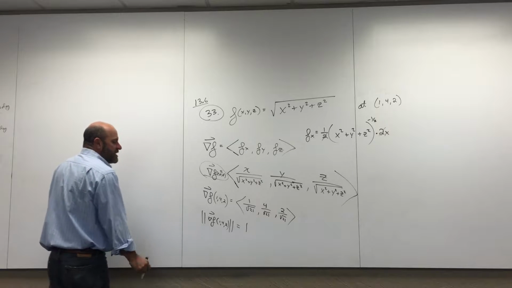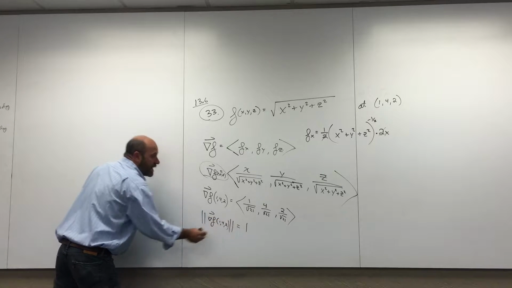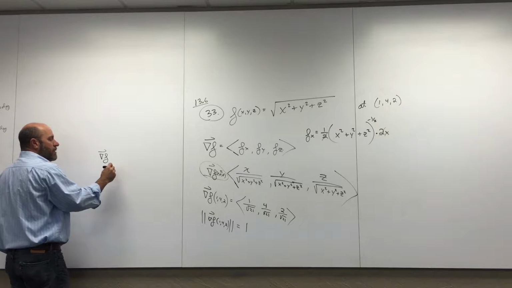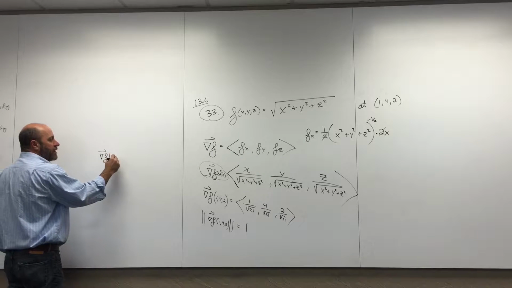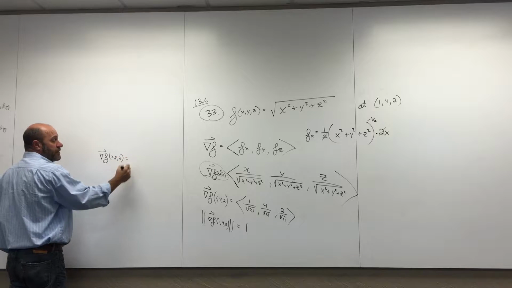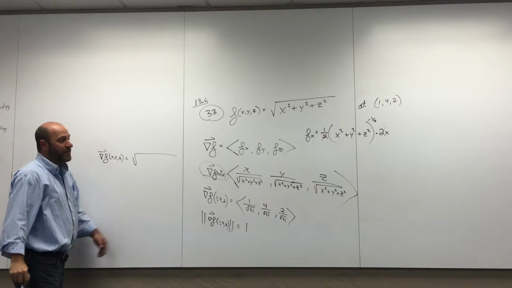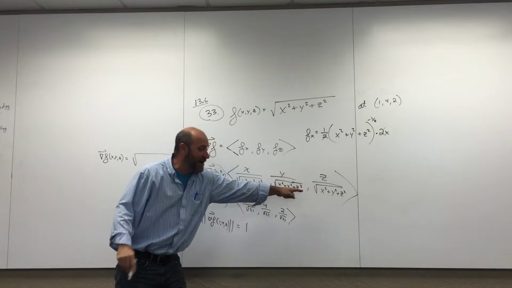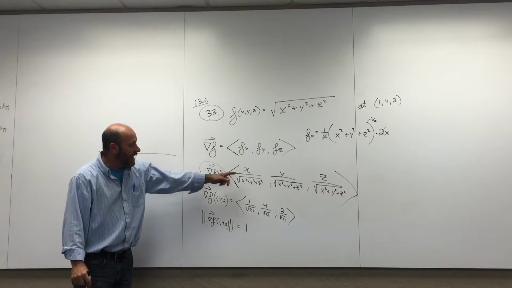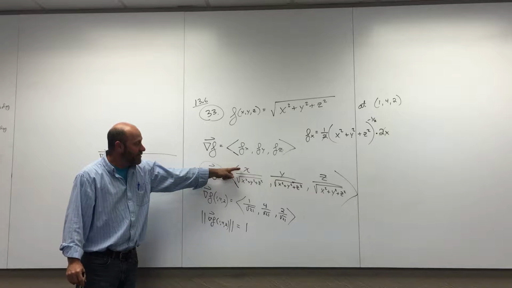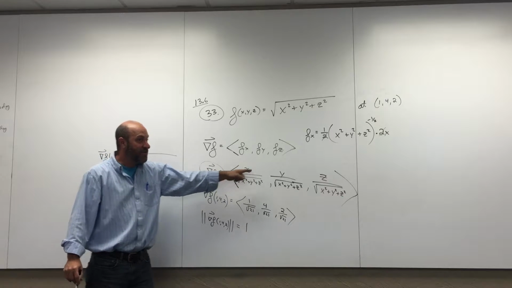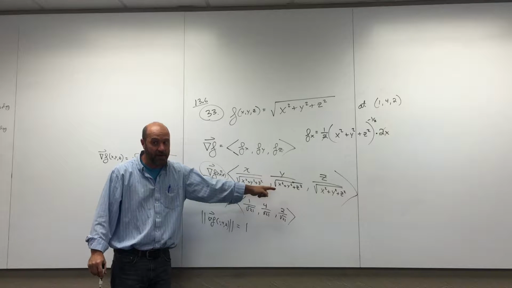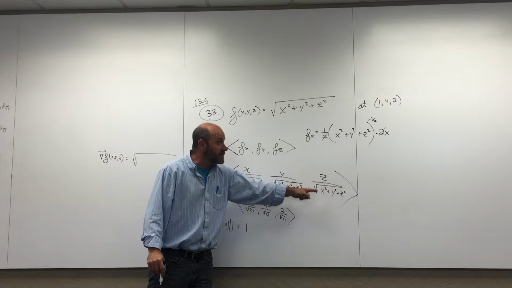What would be his magnitude if I did it at this point? What would be his magnitude if I did it in general? Well, it's him squared plus him squared plus him squared in a square root. Him squared would be x squared over this denominator squared, y squared over this denominator squared, and z squared over this denominator squared.